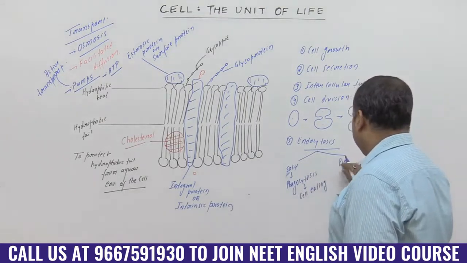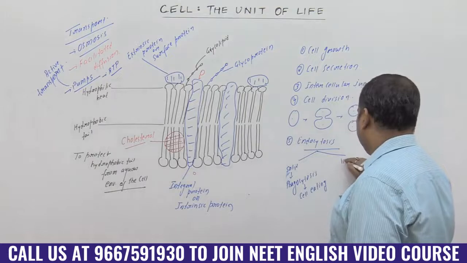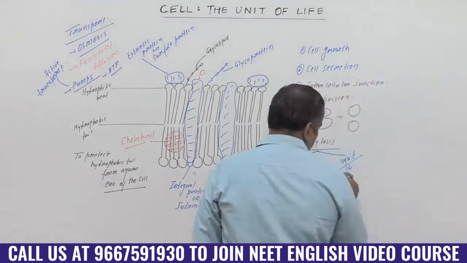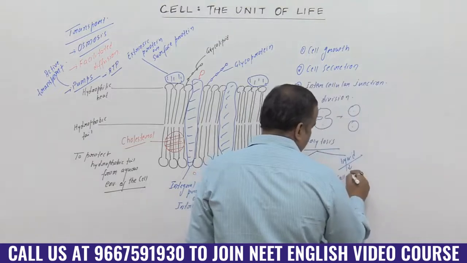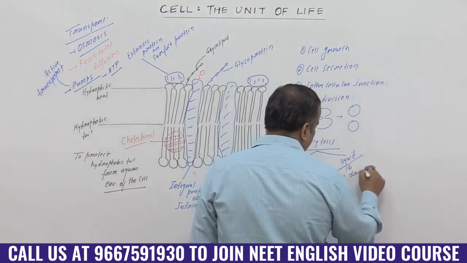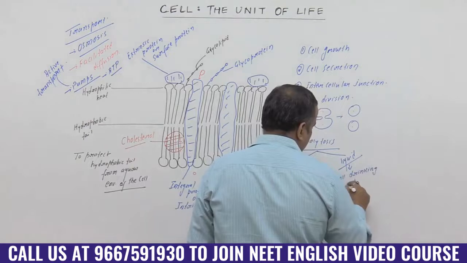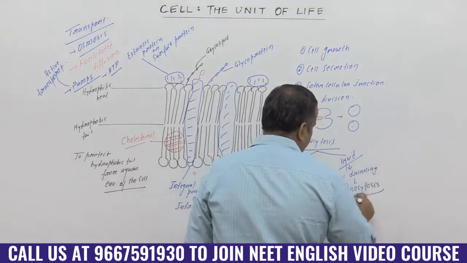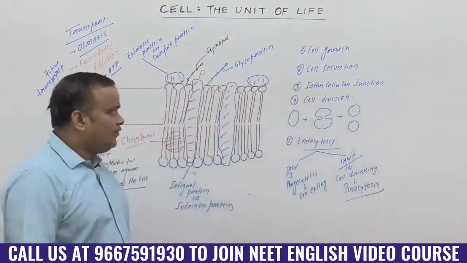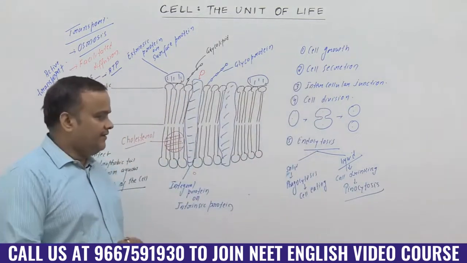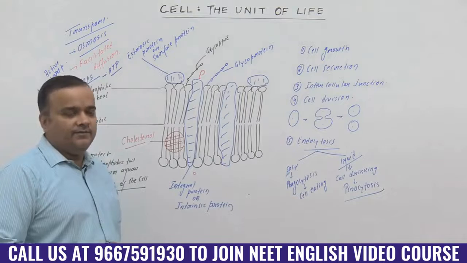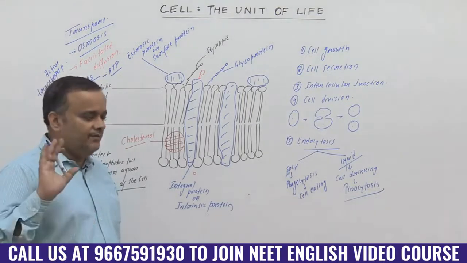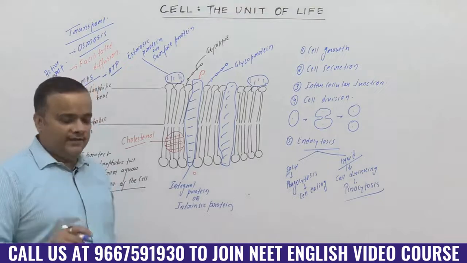If it is a liquid substance, then it is known as cell drinking or pinocytosis. Okay, so these are certain functions which are performed by the cell membrane, and the most important function is transport across the membrane. So now we are through with the cell membrane.